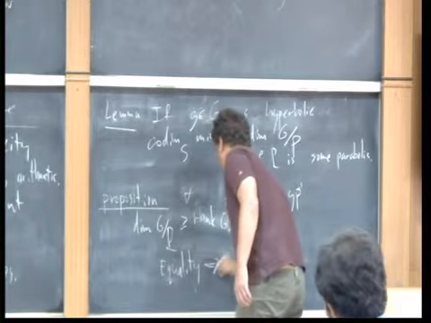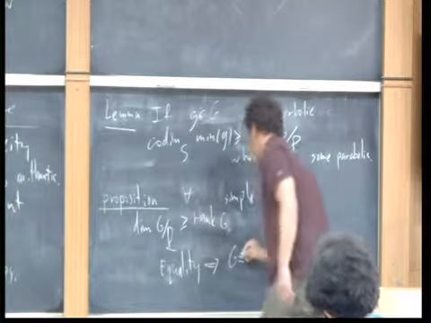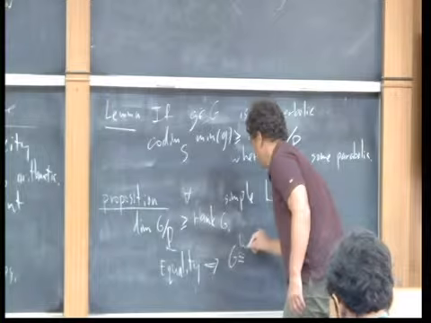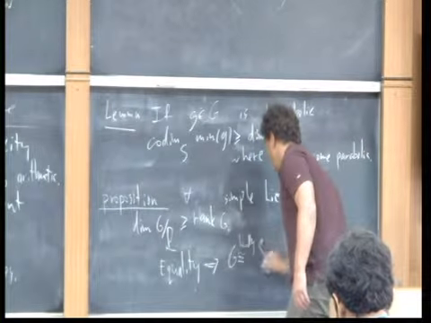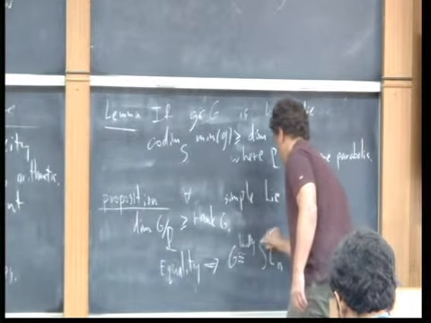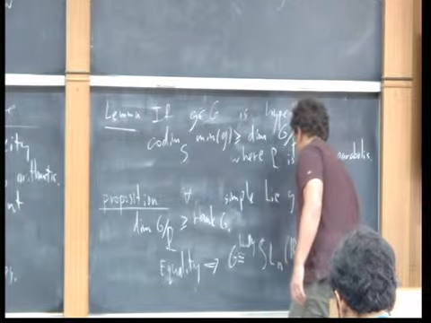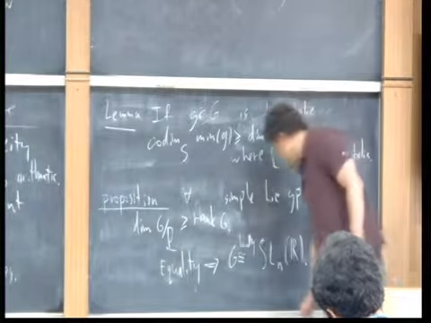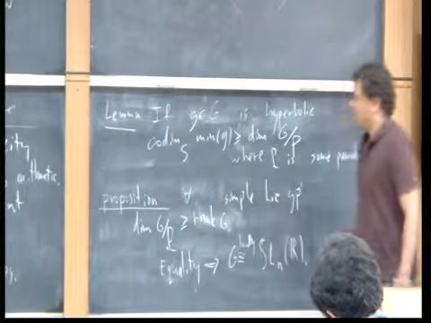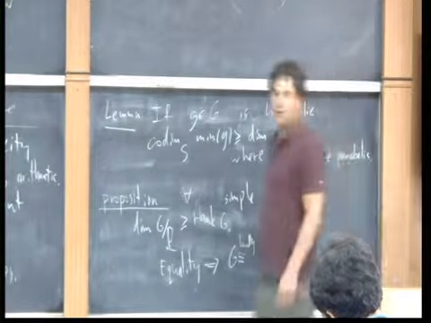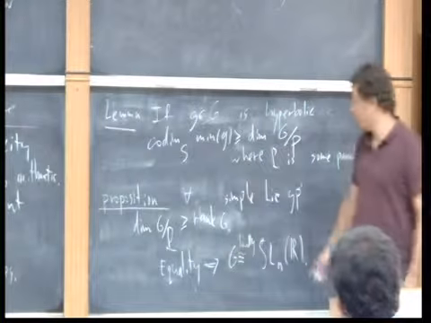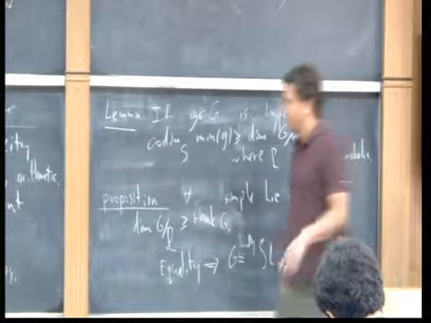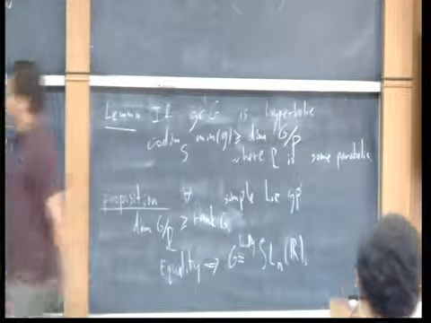Equality implies that G is locally isomorphic to SLn. In SLn, you have a parabolic subgroup of codimension n-1, which is the rank, but that's the only case. Is this true for all parabolic subgroups? They computed more information in the paper.